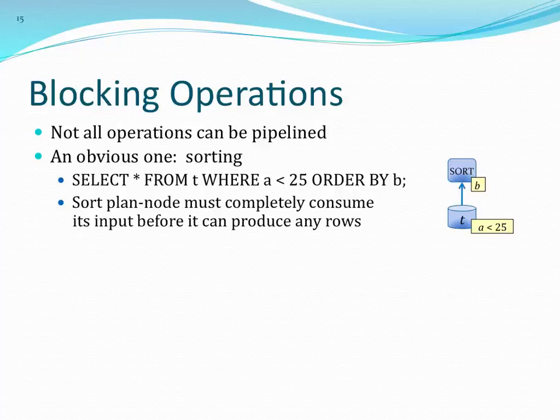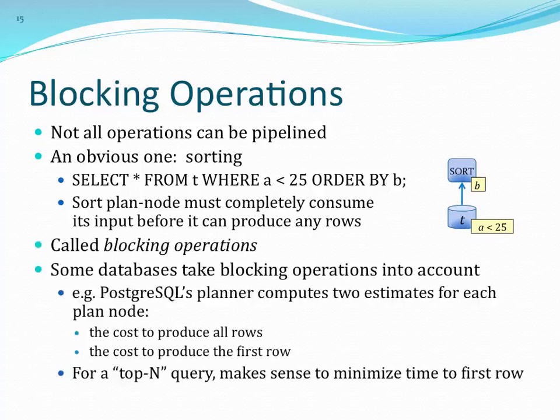The same thing is true for sort-based grouping. Actually, no, I got it backwards. It's interesting. I'll talk about that in a second, hopefully. Some databases do take blocking into account. Postgres is an interesting one because it keeps a couple of estimates. One estimate is how long it will take to generate all the results, and the other is how long it will take to produce the first result.